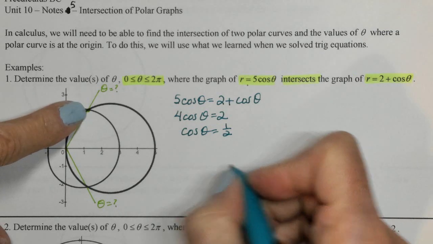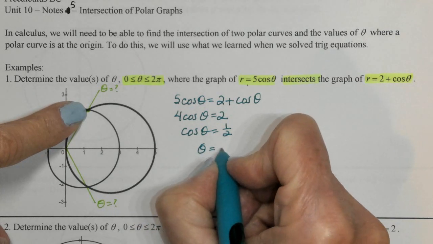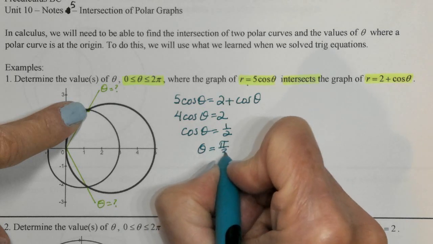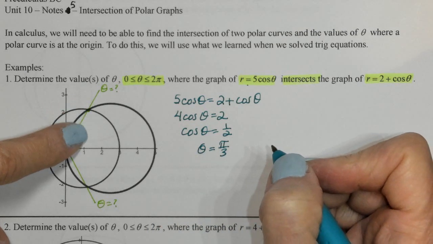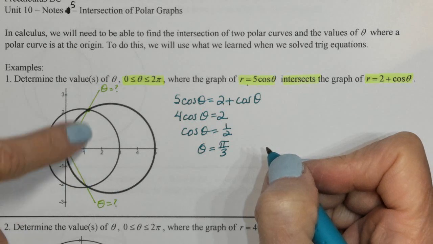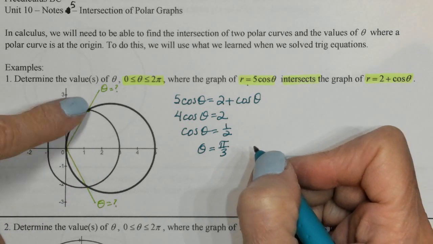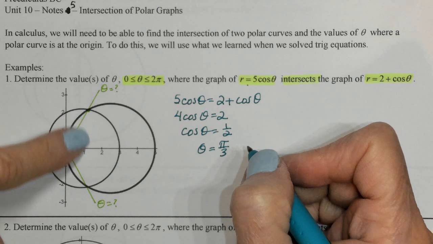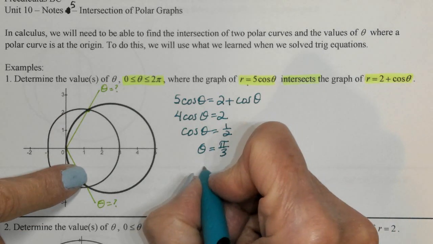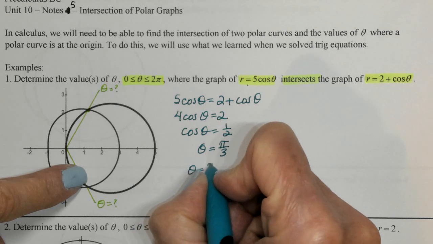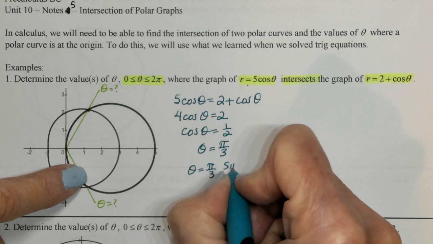Well, in the first quadrant, cosine of theta is 1/2 at pi over 3. And in the fourth quadrant, using symmetry or using what we know about cosine of theta, it is also 1/2 at 5 pi over 3.